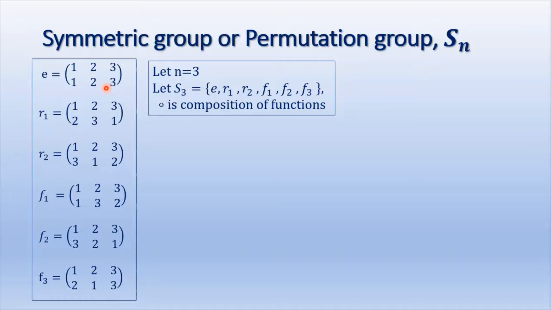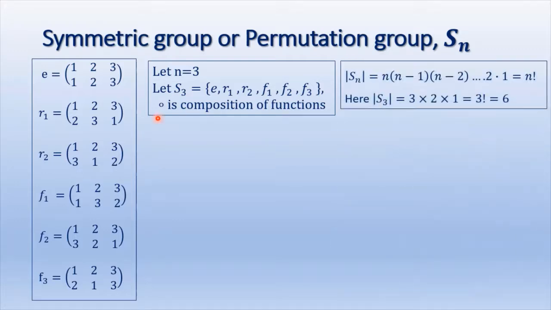So this we call the identity mapping. These other mappings are obtained by the rigid motions of a triangle. We have named them like this. So the modulus of S3 has 6 elements only.